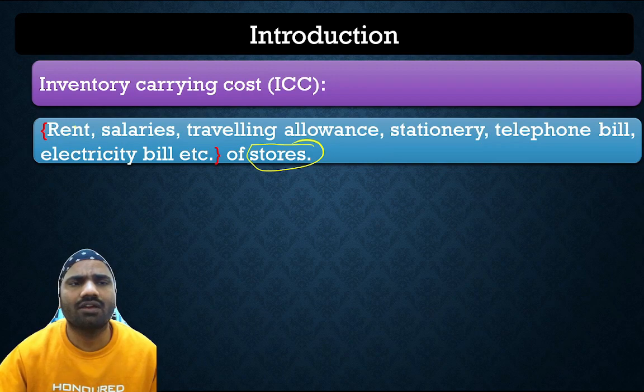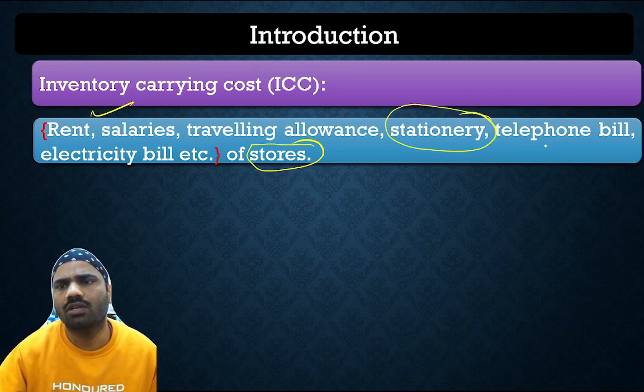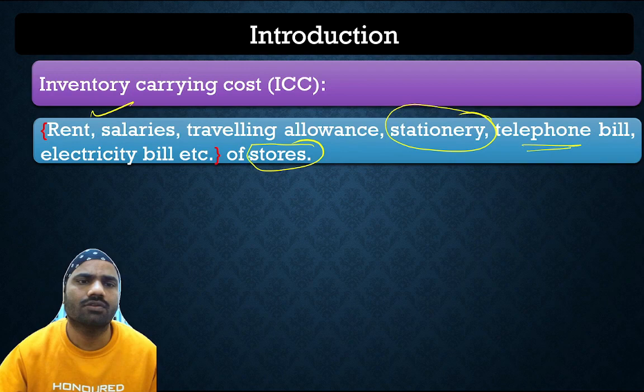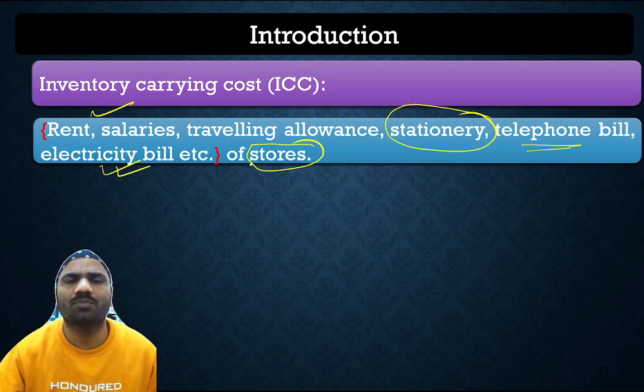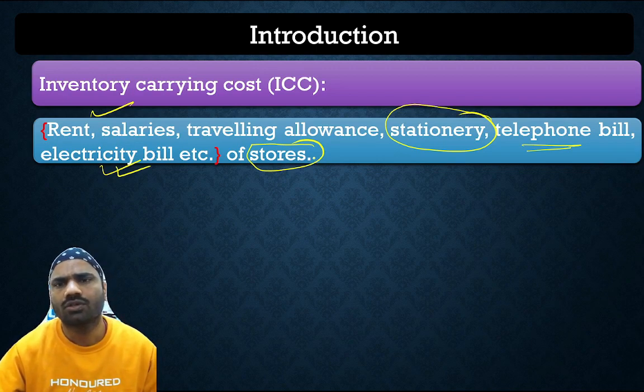Let us say rent, salaries, or traveling allowance of the employees associated with the store section, as well as stationery bill, telephonic bill, or electricity bill of that store section, that is the inventory carrying cost.